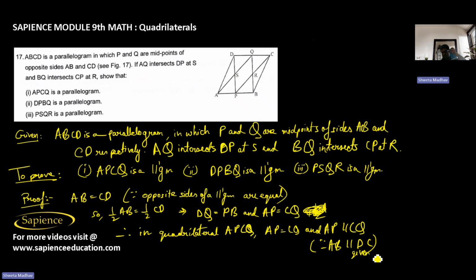So in this quadrilateral, one pair of opposite sides are equal and parallel. Hence we can say that APCQ is a parallelogram.